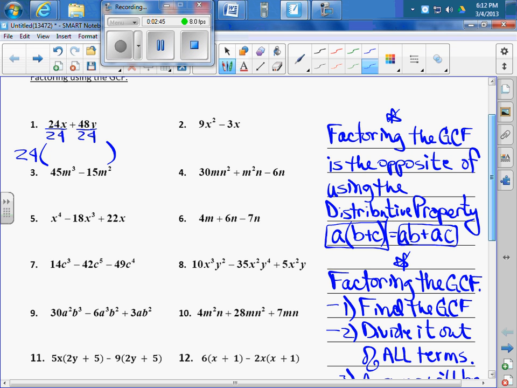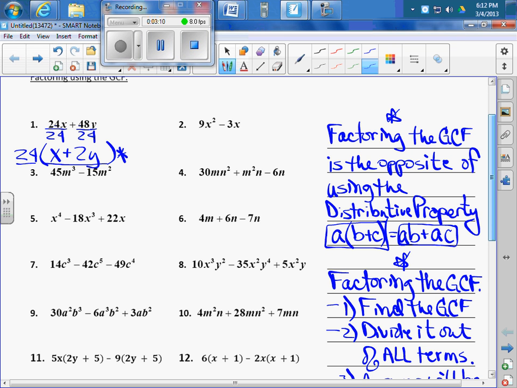If you take 24x and divide it by 24, you have x left over. Bring down the plus sign, you take 48y and divide it by 24 and you get 2y. So your answer would be 24 times the quantity x plus 2y. This is how we changed it to multiplication. Now we have 24 times this parentheses, and that's called factoring. So you just factored your first polynomial.